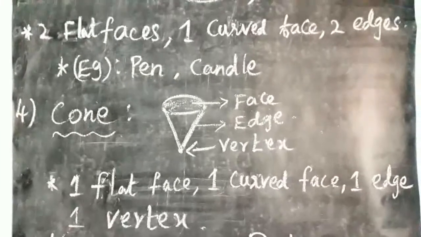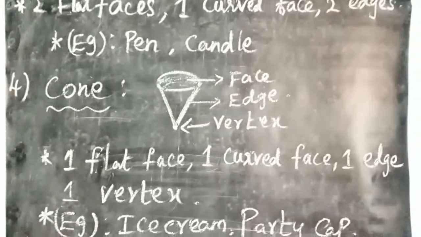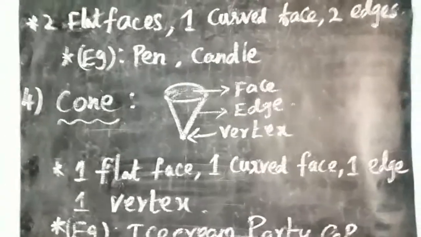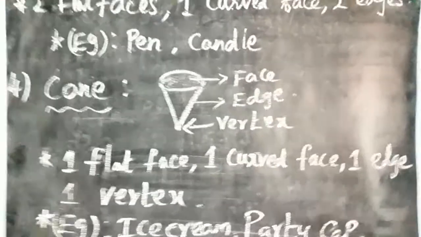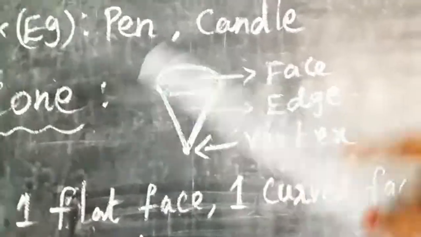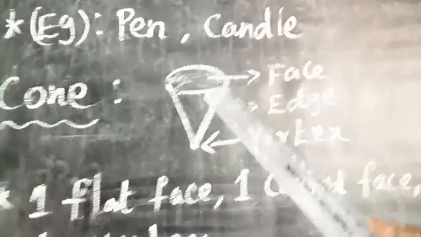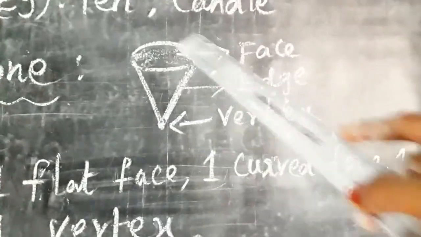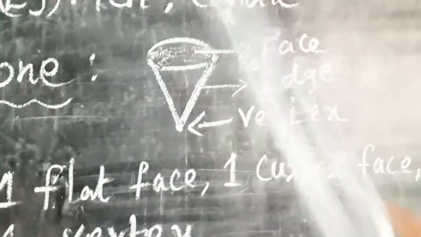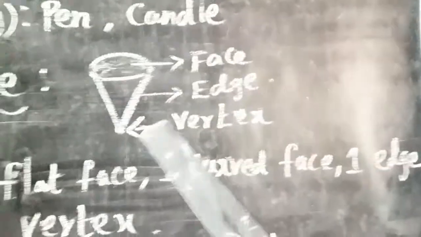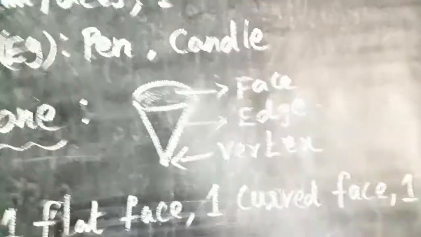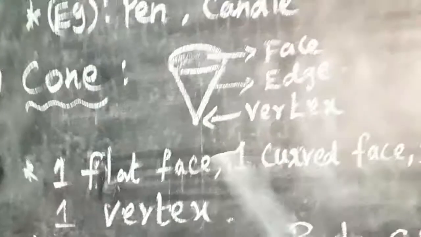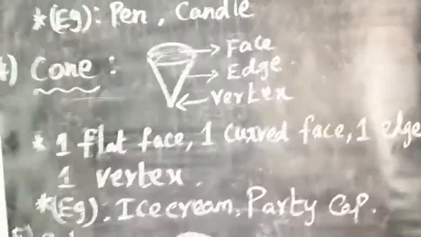Fourth type: I think you might have tasted ice cream. Do you know what the shape of the ice cream is? Yes, it is a cone shape. C-O-N-E, cone. It has only one flat face, one curved face and one edge.